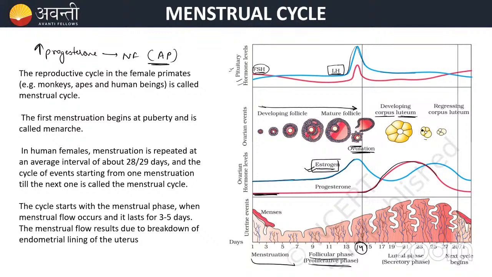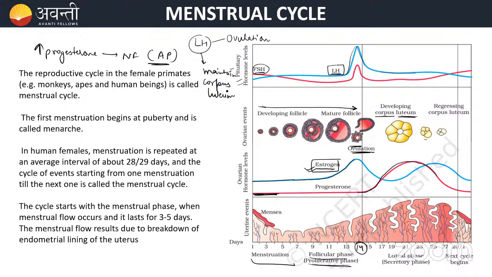Now, one more important point. The LH hormone performs two functions. One, it induces ovulation. Second, it maintains the corpus luteum. Just now I told you that the high level of progesterone gives a negative feedback to the anterior pituitary and reduces the level of LH and FSH, right?